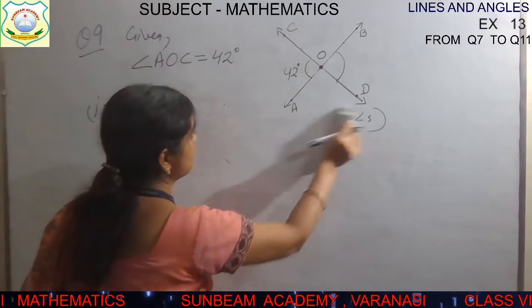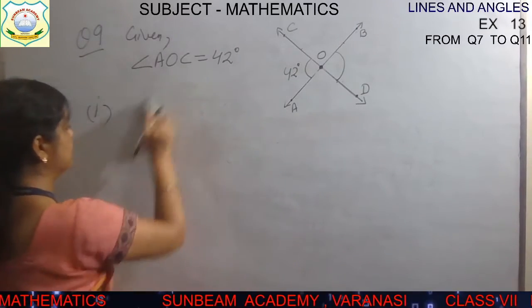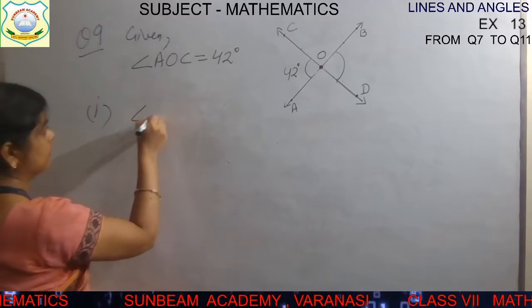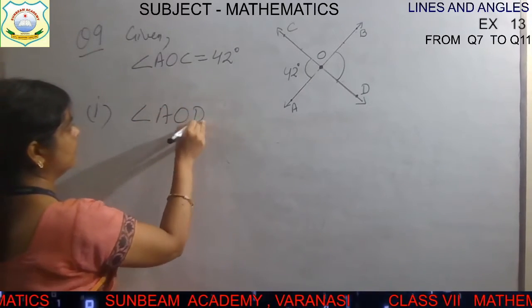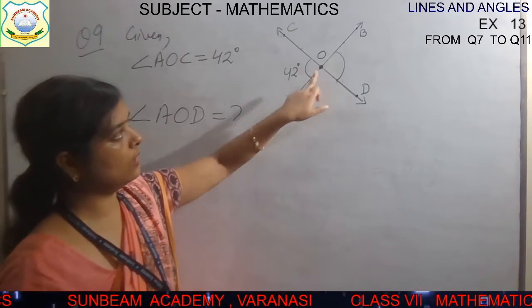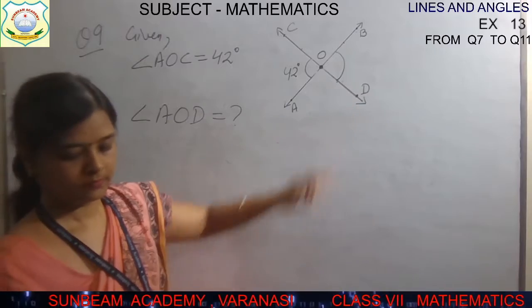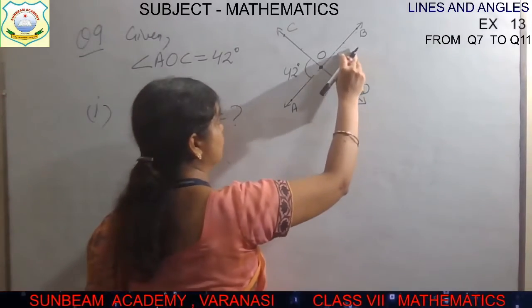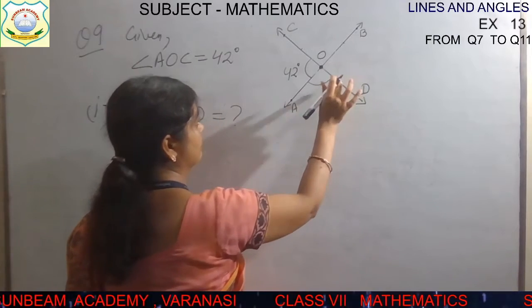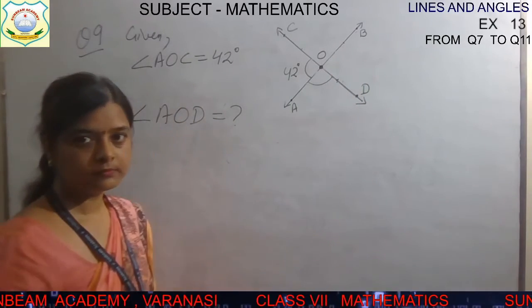I have solved the second part, children, but the first part we will solve now. That is angle AOD. What is angle AOD? This they have asked. AOD means we have to find this particular angle.